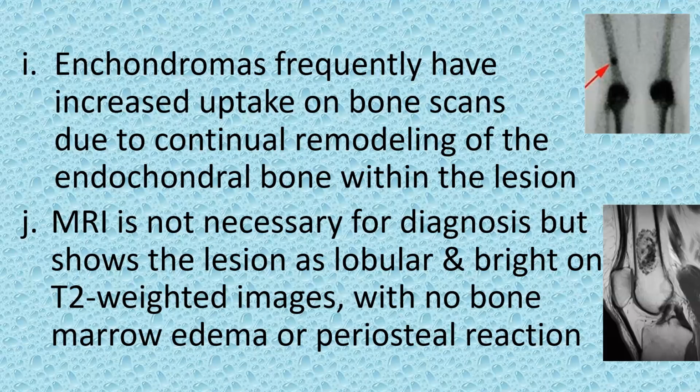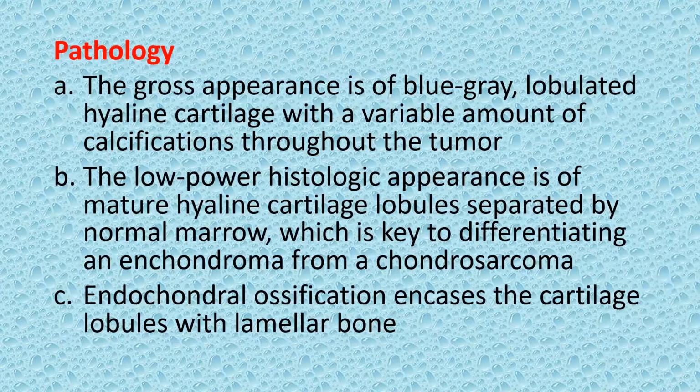MRI is not necessary for the diagnosis, but shows the lesion as lobular and bright on T2 weighted images with no bone marrow edema or periosteal reaction. The gross appearance is of blue-gray lobulated hyaline cartilage with a variable amount of calcification throughout the tumor. If you realize I am doing quite a number of repetitions, by repeating and by listening, you will remember the tumor.